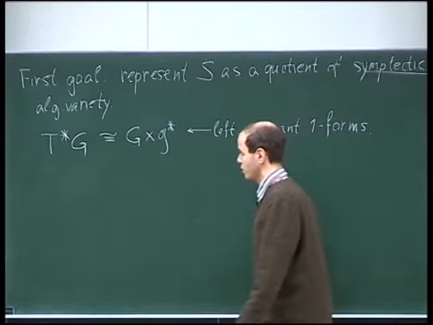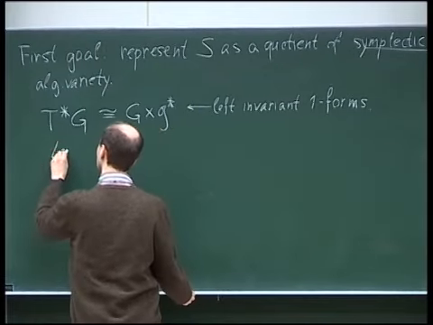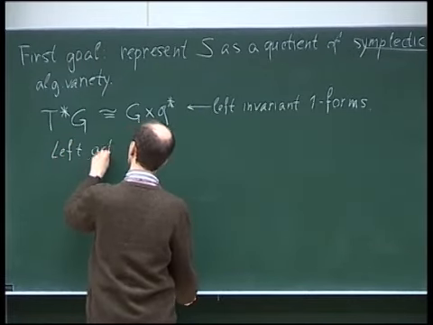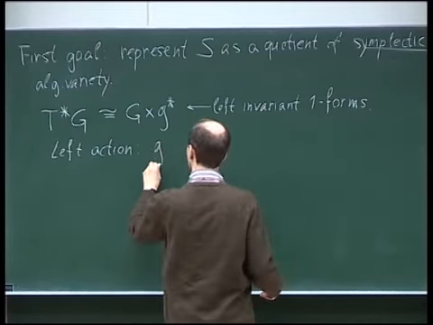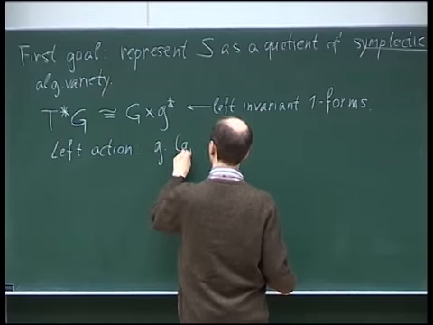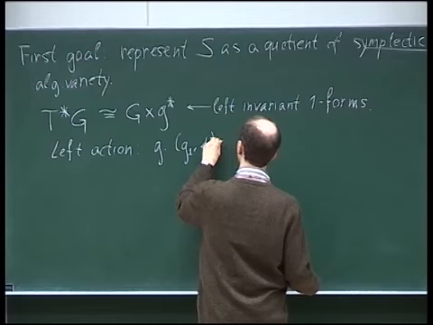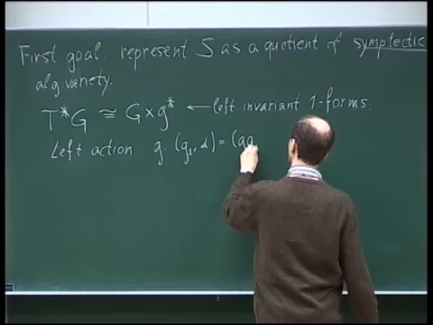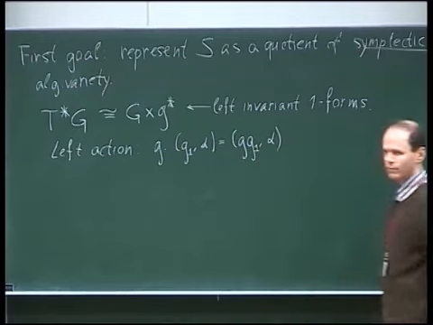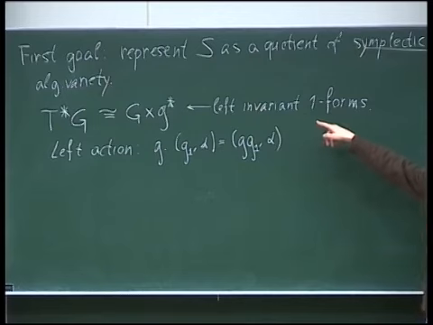The first is the action by left translation, let me call it the left action: G applied to the pair (G1, alpha) is G G1, alpha, because our forms here are left invariant.